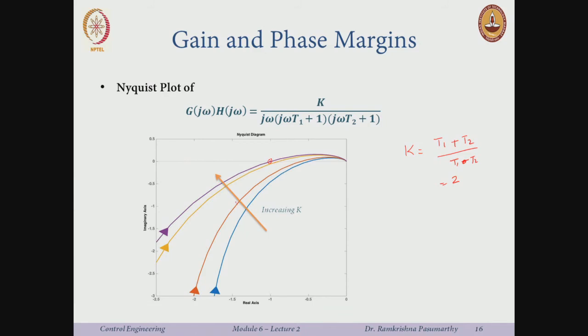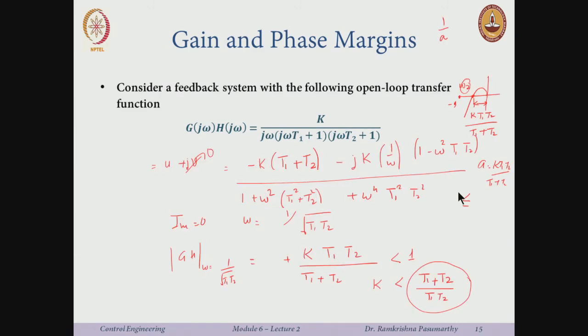As gain k increases, my Nyquist plot shifts to this side, and I am reaching closer and closer to minus 1. So this was my omega 2 there, and now I am here. This shows how the plot changes with varying gain k, and how to quantify that.